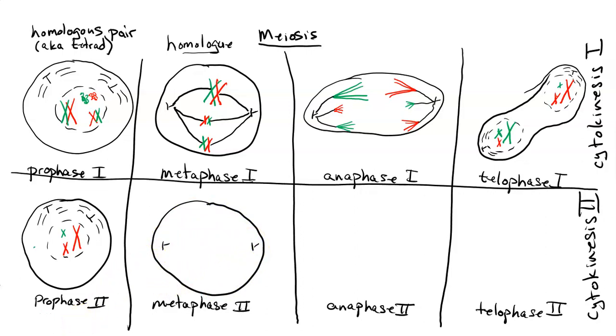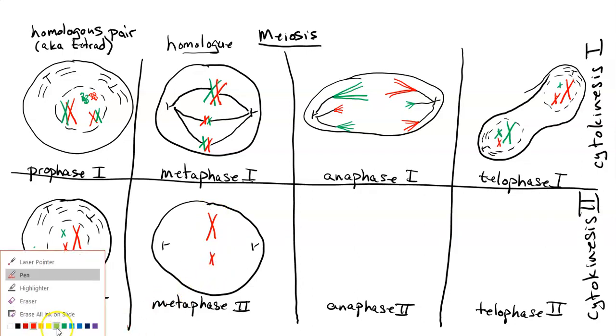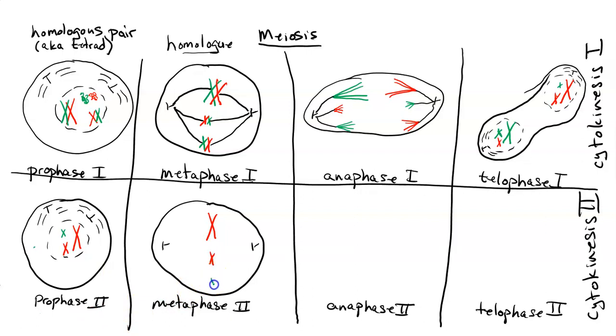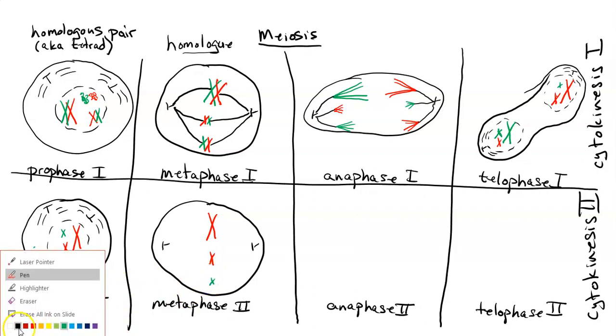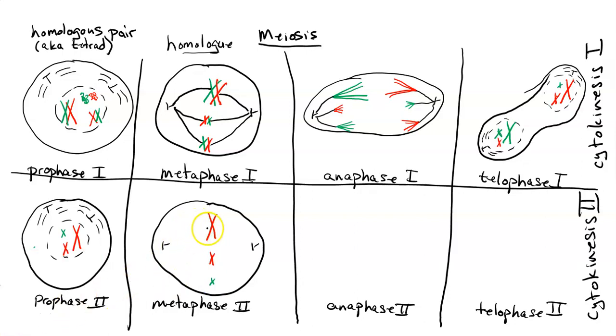Our chromosomes are going to line up along the center of the cell in no particular order, but they're going to line up single file. And when they line up single file, the centromere is going to be attached to the centriole by a spindle fiber on each side.